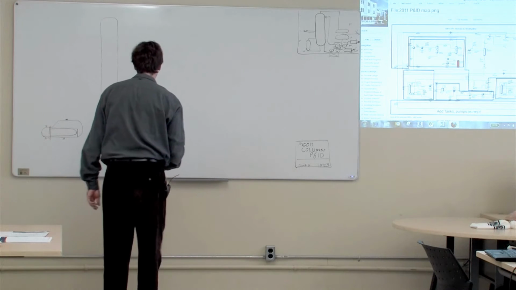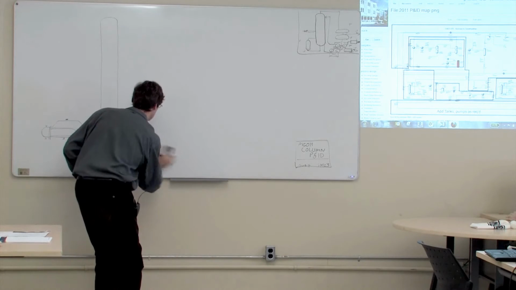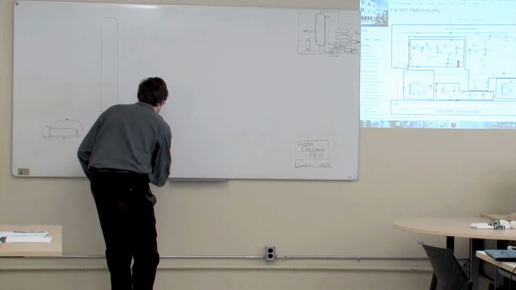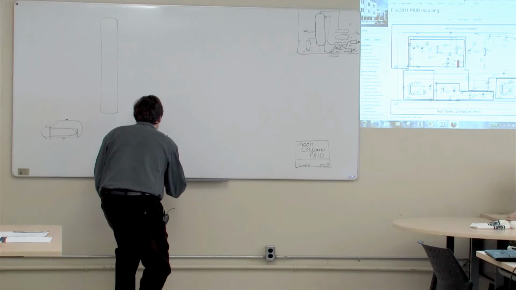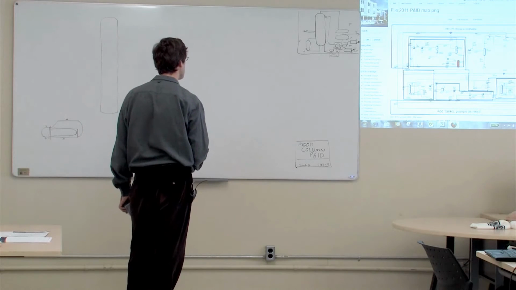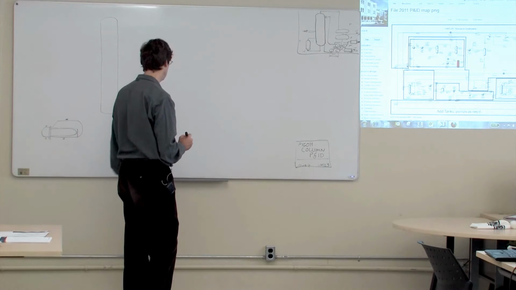And I need to leave myself lots of space. Let's go up a little bit. Okay, there's my pump. Here's another pump. So I've left myself some room for controls here.